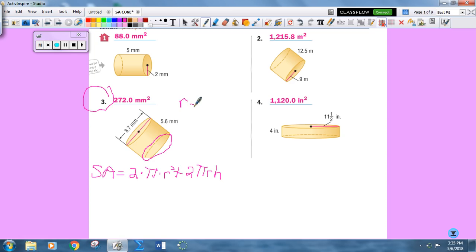So to find the radius, I do 8.7 divided by 2, which gives me 4.35. I then substitute that in my formula, so I have 2 times pi times 4.35 squared plus 2 times pi times 4.35 times the height of the cylinder, which is 5.6.